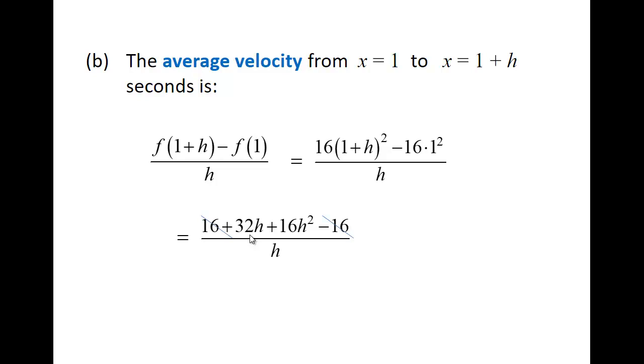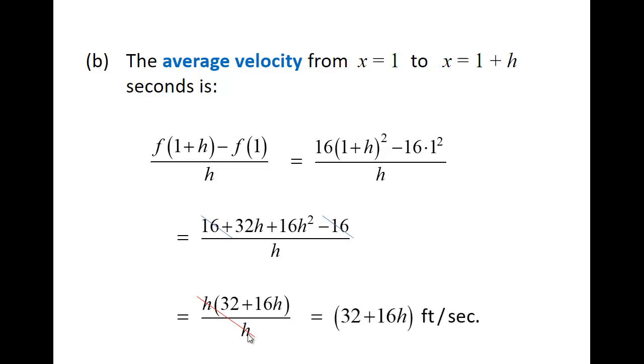If we factor out h, we get 32 plus 16h, and the h in the numerator cancels with the h in the denominator, and as a result we get 32 plus 16h. So we find that the average velocity over the period of time between 1 and 1 plus h seconds is 32 plus 16h feet per second.